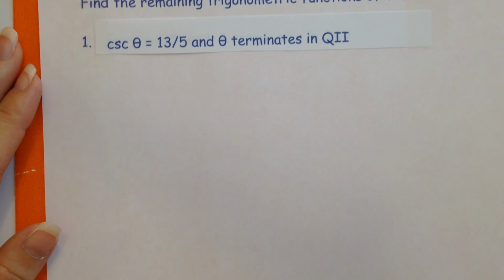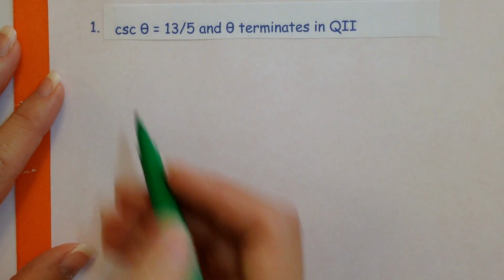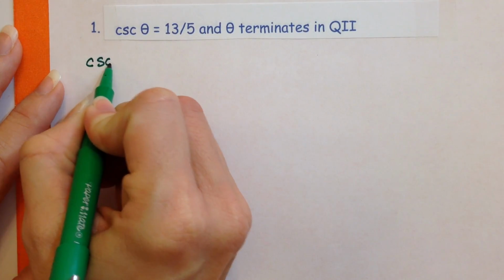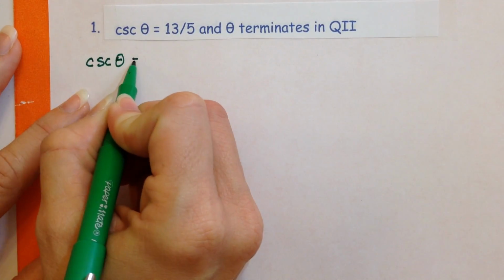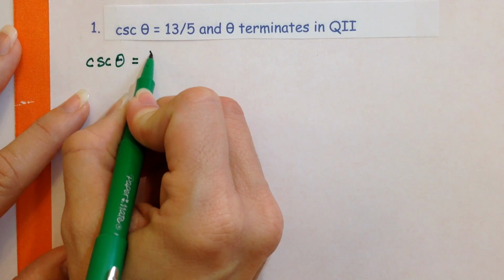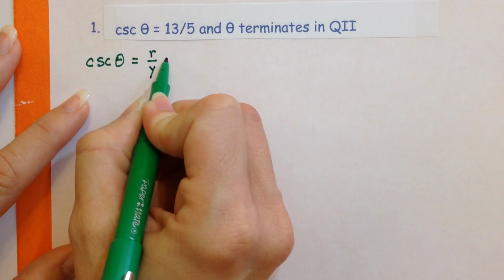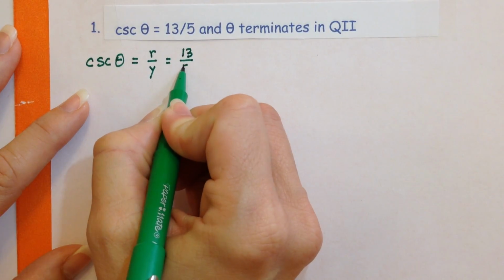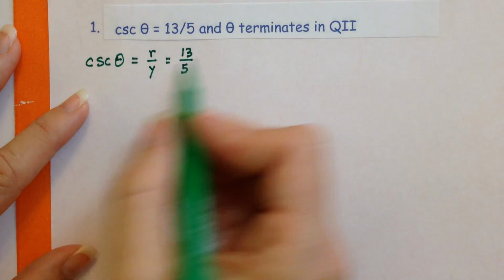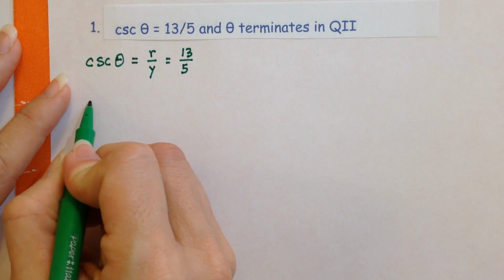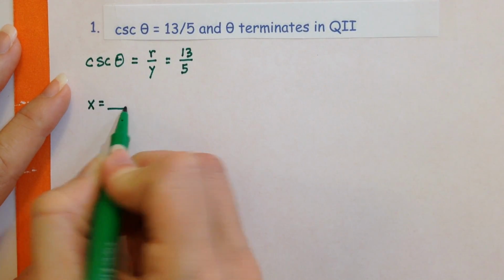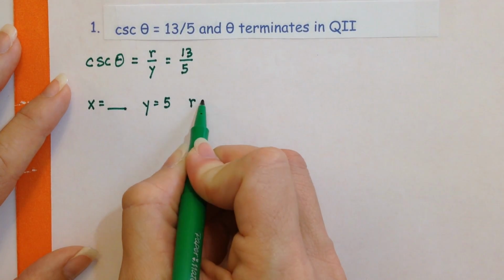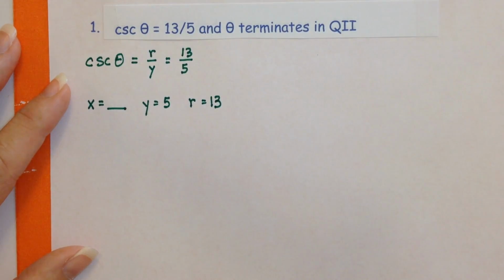So what you need to remember is that cosecant, I'm just going to rewrite this so we can label it, is r over y. So since you're given the value of 13 over 5, then that means that you don't know your x value. We've got to come up with that. We know that y is 5, and we know that r is 13.